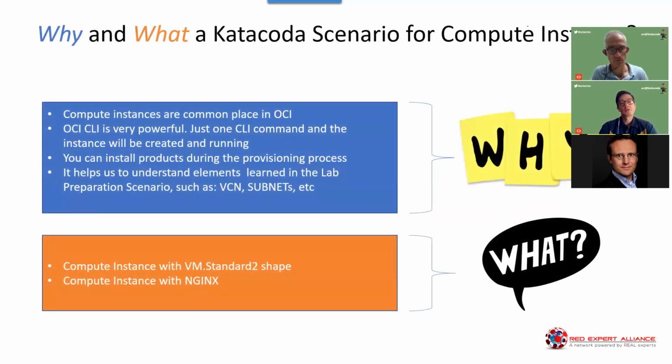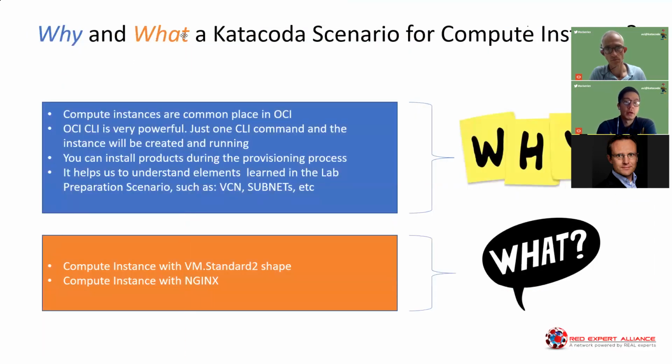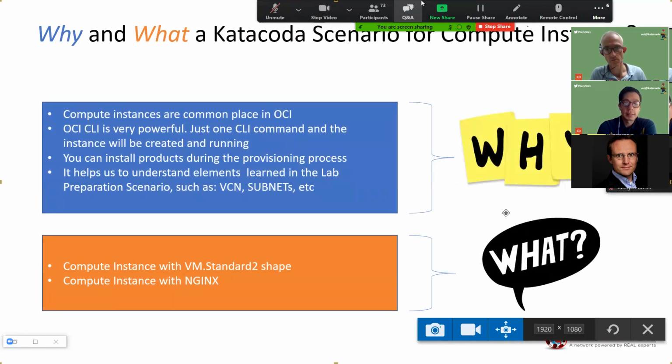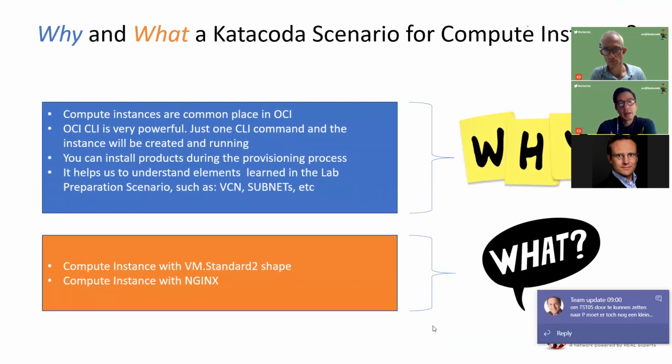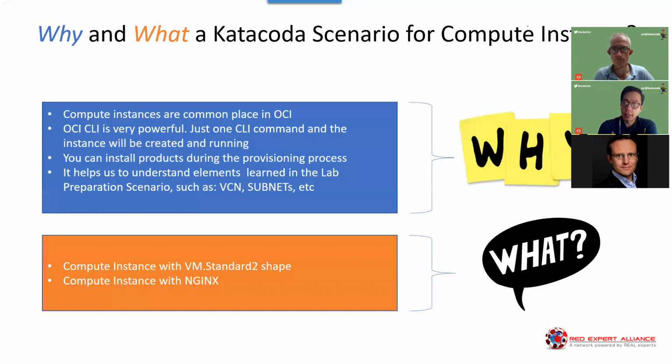All right, so the main purpose of this series of webinars that we started today and that we are going to continue throughout the next weeks is about the usage of Katacoda as a way or as a place to get along with OCI, okay?